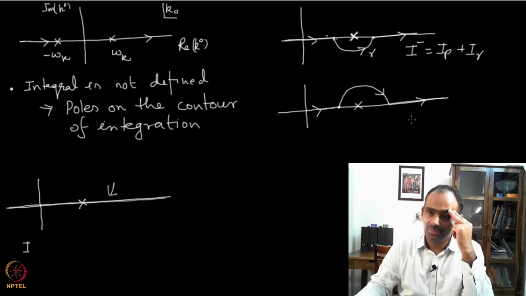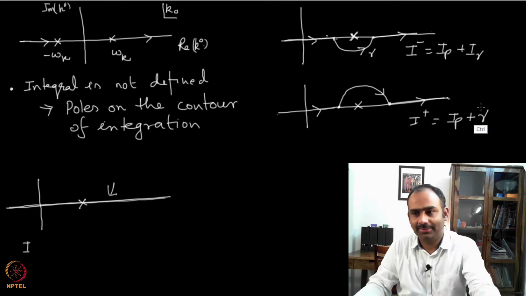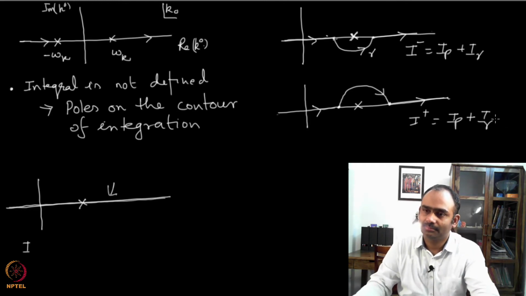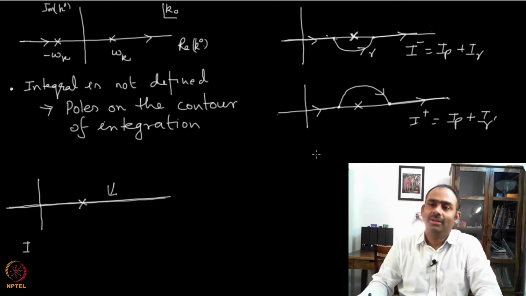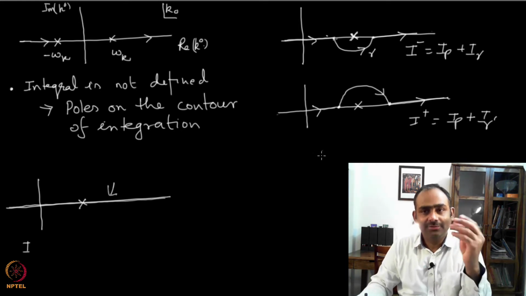Similarly, this one I will call I plus, the whole integral, and then the integral from here to here and then from here to here I will call I p, the same as above, plus this part, which I will call I gamma prime. Now, let us see if I minus and I plus give the same answer.